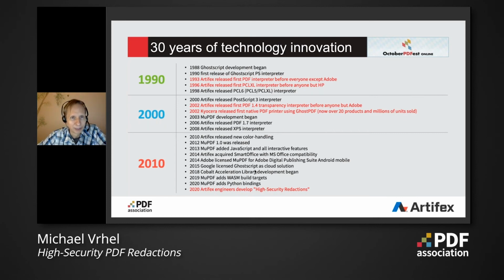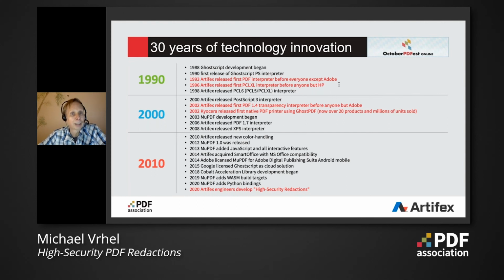commercial part of this. Artifex Software has been around for 30 years, and the actual development of Ghostscript began back in 1988. Here is a list of highlights of achievements over the years. I'm going to chat about a couple of them because I only have 5 minutes. In 1993, Artifex released the first PDF interpreter before everyone except for Adobe.